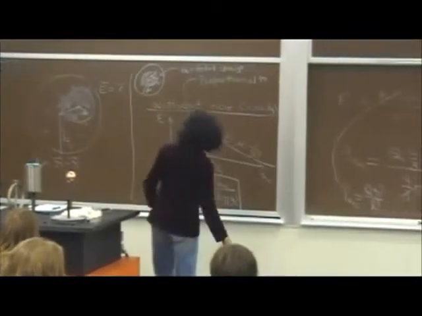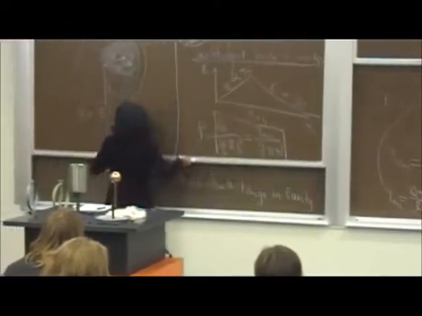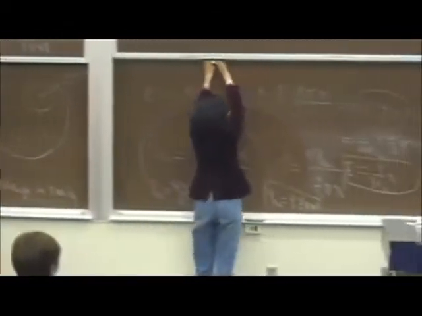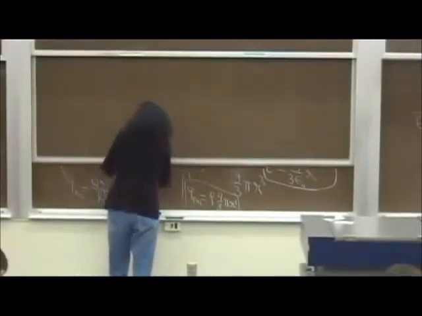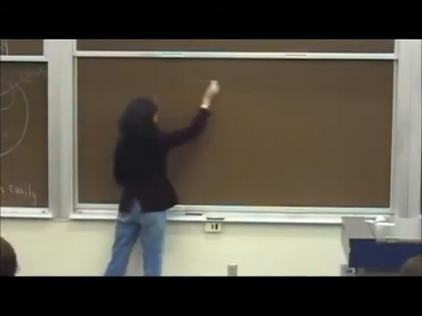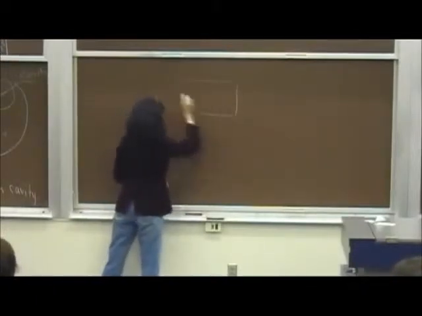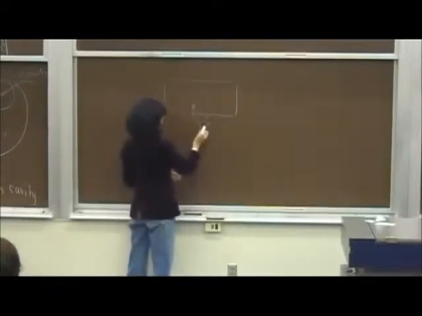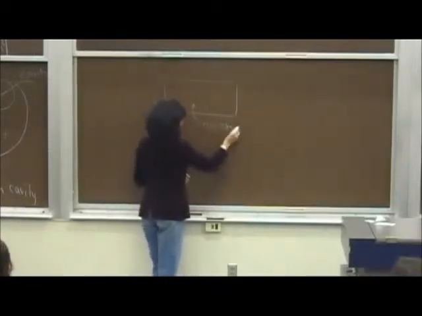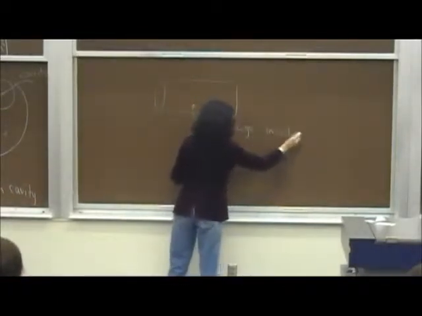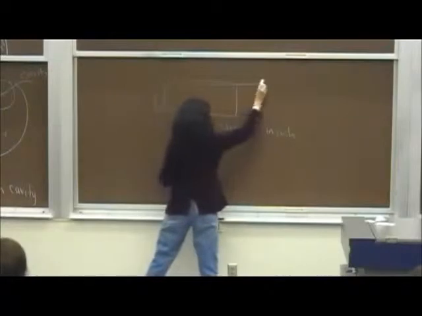All right, I have one more question before we move on. This question is about this situation. Suppose you have a cylinder. There's no charge inside the cylinder. But this cylinder is in a uniform electric field.